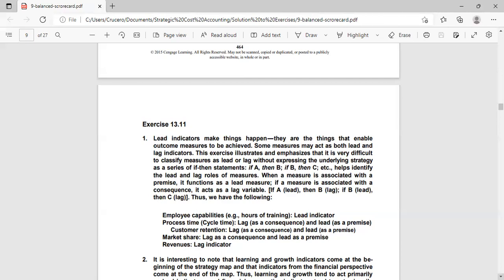This exercise illustrates and emphasizes that it's very difficult to classify measures as lead or lag without expressing the underlying strategy as a series of if-then statements. If A then B, if B then C helps identify the lag.